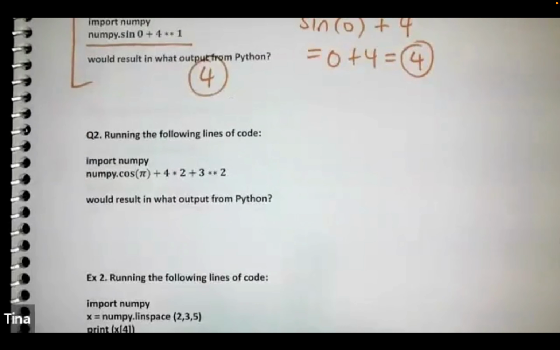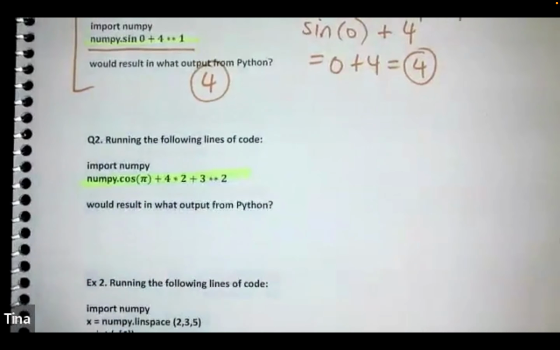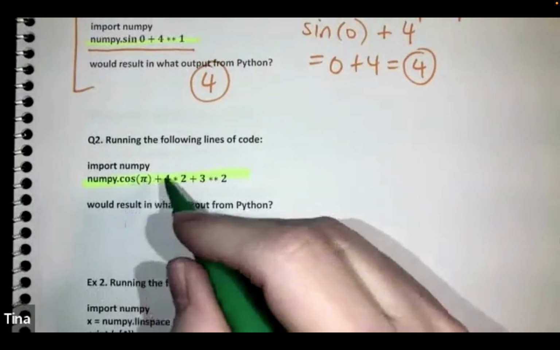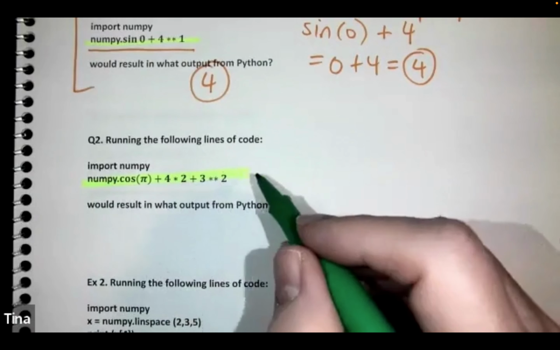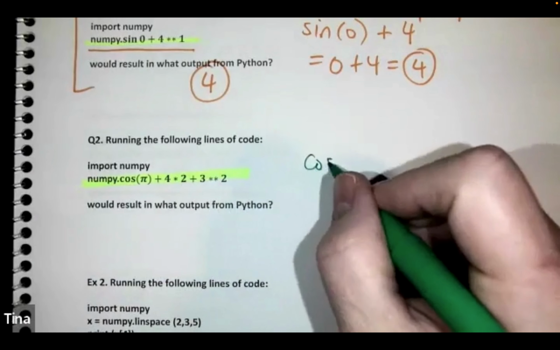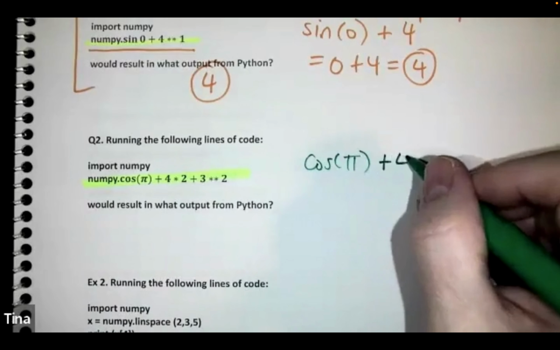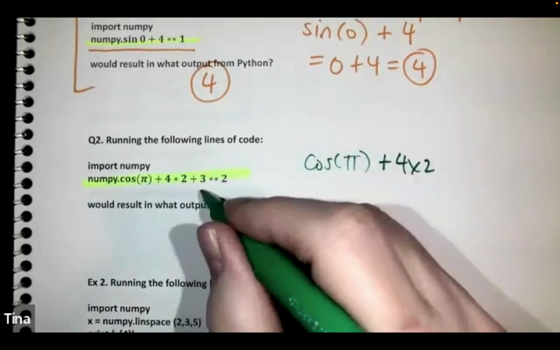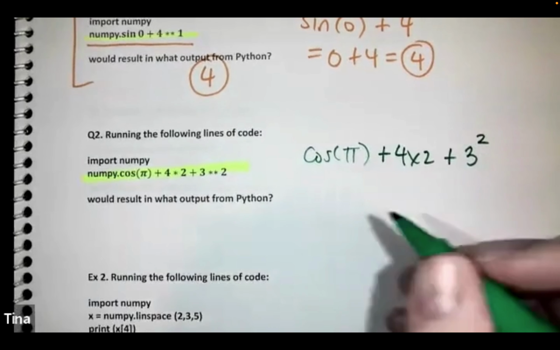Okay, so up here we have the sine, here we've got cos, right? So it says cos pi plus 4 star 2 plus 3 star star 2. So we do the cos of pi, and then we've got 4 star 2 is 4 times 2, and then the double star would mean 3 exponent 2.